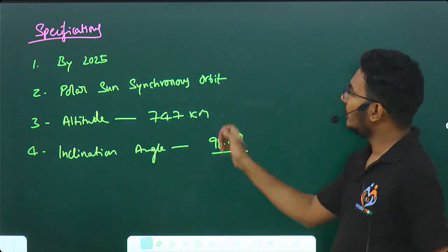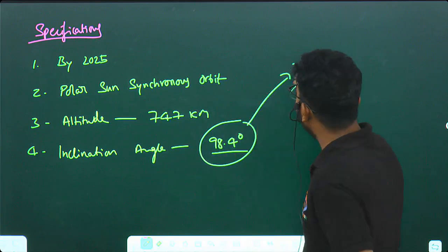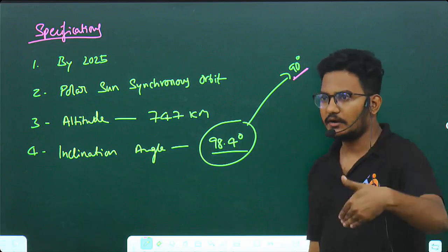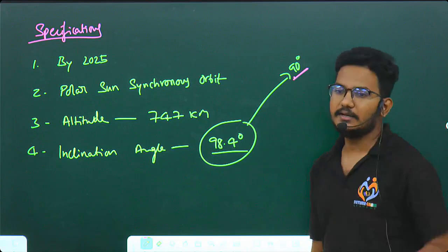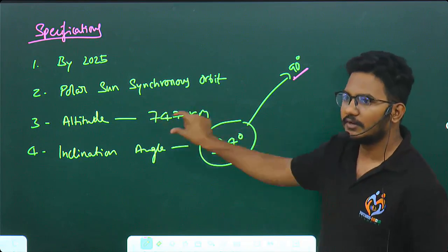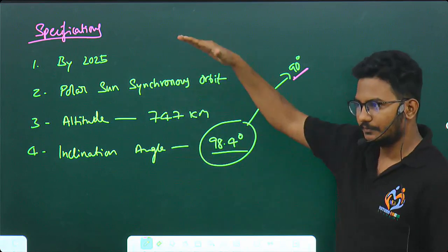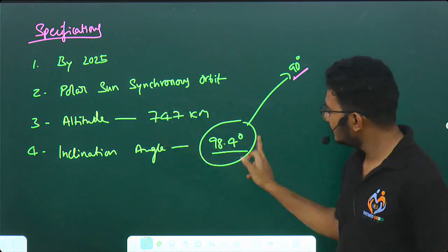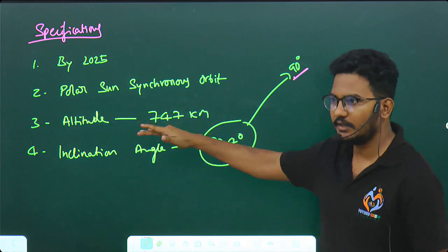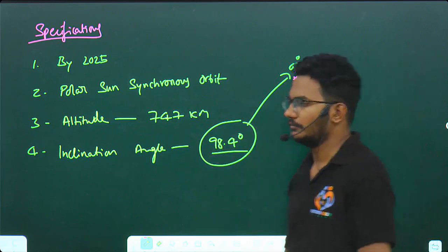If they are launching in polar orbit, then they would have launched at 90 degrees. But to get rid of the shadow, they have to give some inclination. And that inclination angle is 98.4 at an altitude of 747. So this inclination will vary from height to height. If the height varies, then the inclination will change. So at this particular height, 747 kilometers from the Earth's surface, the inclination needed is 98.4.